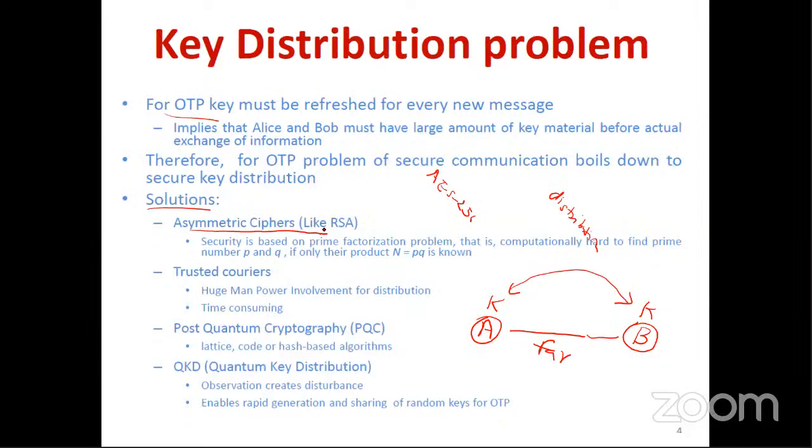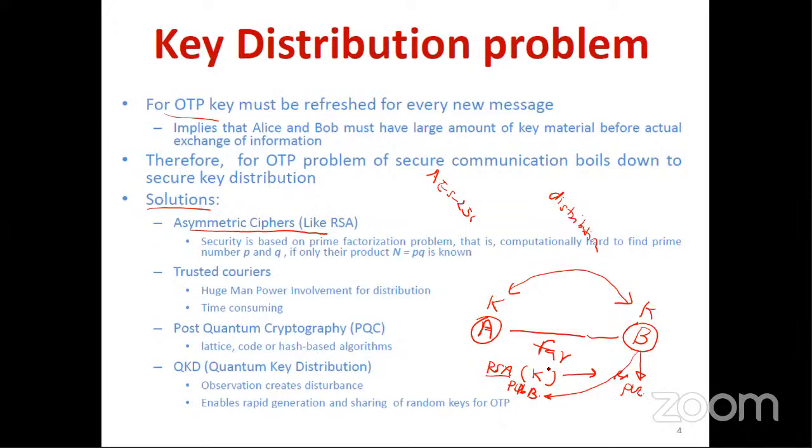Using RSA, we were sending these keys between A and B. Let's suppose A wants to share a key with B. A will choose this K and encrypt it using RSA and the public key of B, and send it. Now Bob has its private key, so he applies Bob's private key and the RSA function.